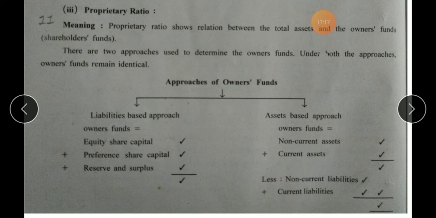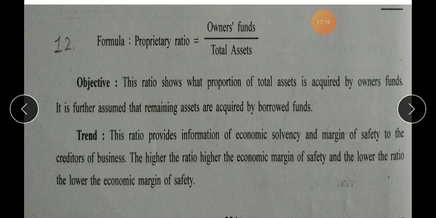Right? Finally, talking about the formula of proprietary ratio, it says owner's funds upon total assets. The objective of this ratio is to show what proportion of total assets is acquired by owner's fund.